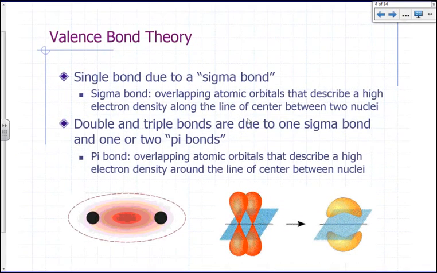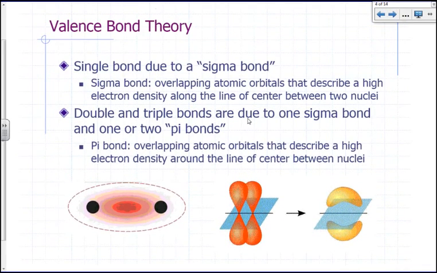Okay, so let's take a closer look at valence bond theory. In valence bond theory, remember we said that bonding is explained as due to overlapping of atomic orbitals between two nuclei, the two atoms, when the overlapping of these atomic orbitals leads to a high electron density along the line of centers between the two nuclei.